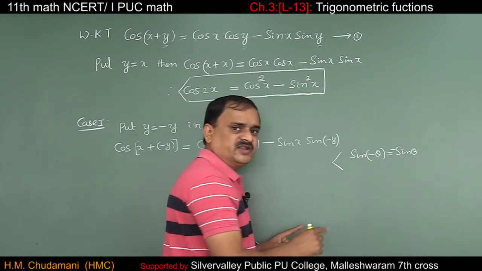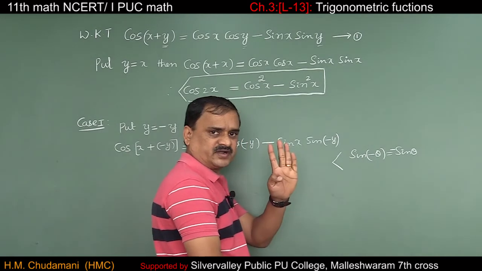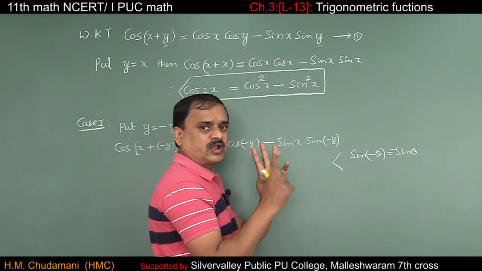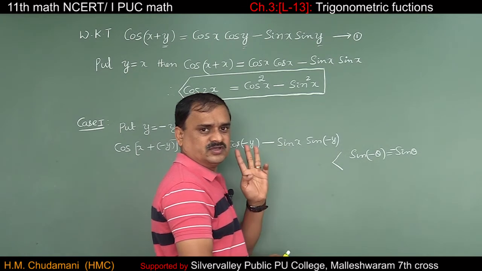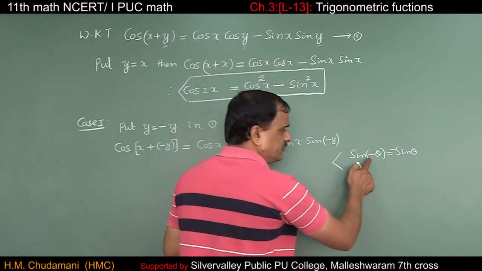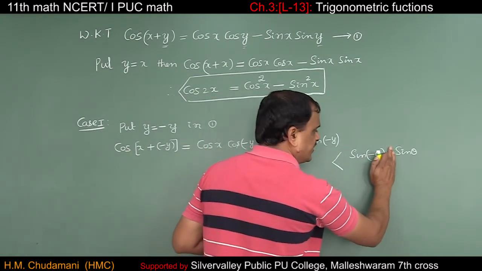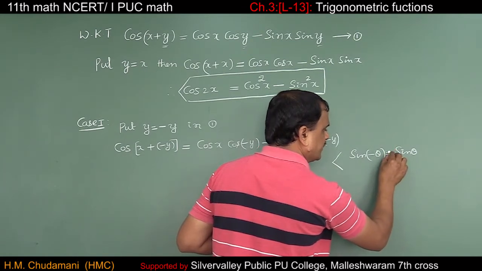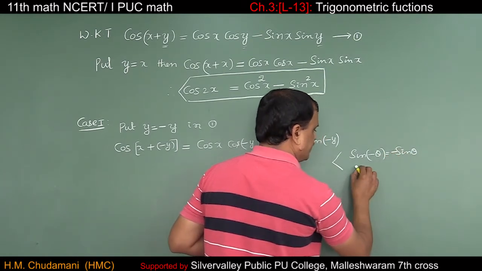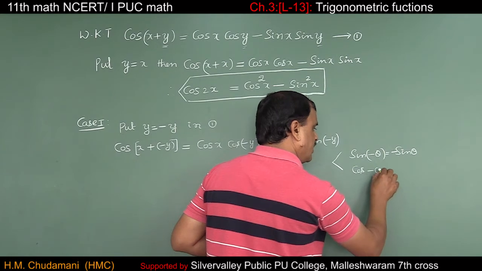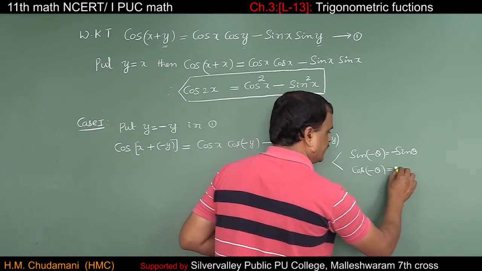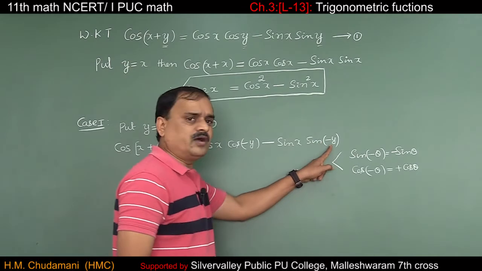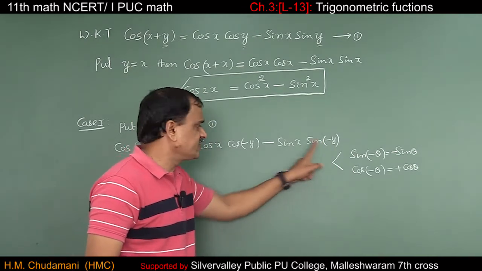Because minus theta lies in the fourth quadrant as per ASTC rule, C stands for cos and its reciprocal secant are positive, whereas sin is negative. So sin of minus theta is minus sin theta, whereas cos of minus theta is plus cos theta. So sin of minus y means minus sin y.